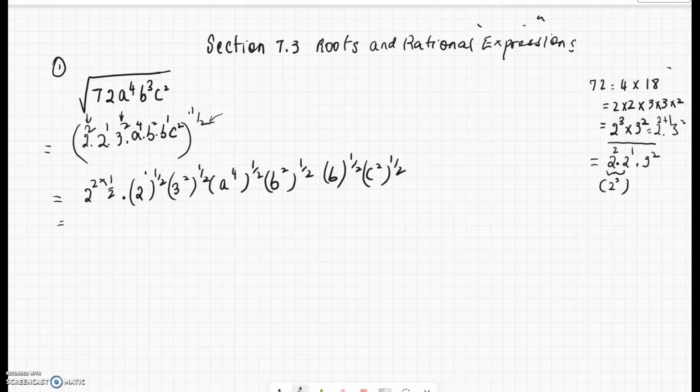So this is equal to 2 to the 1 times 2 to the half, 3 to the 1.